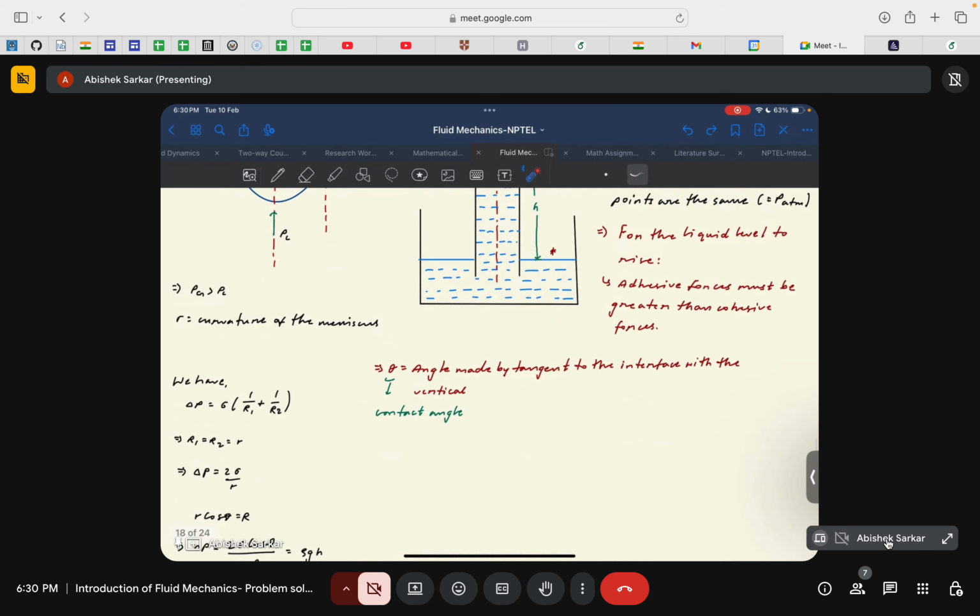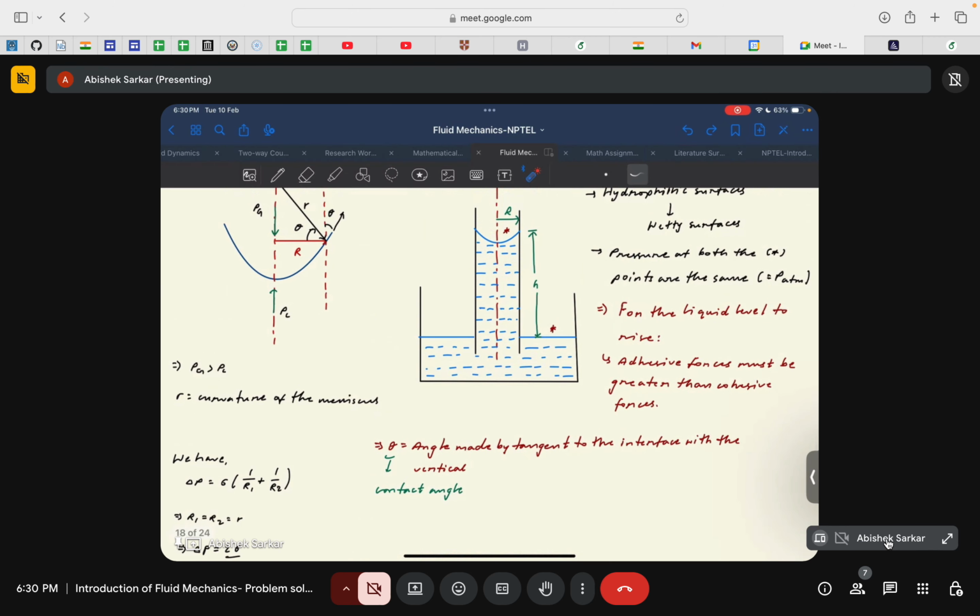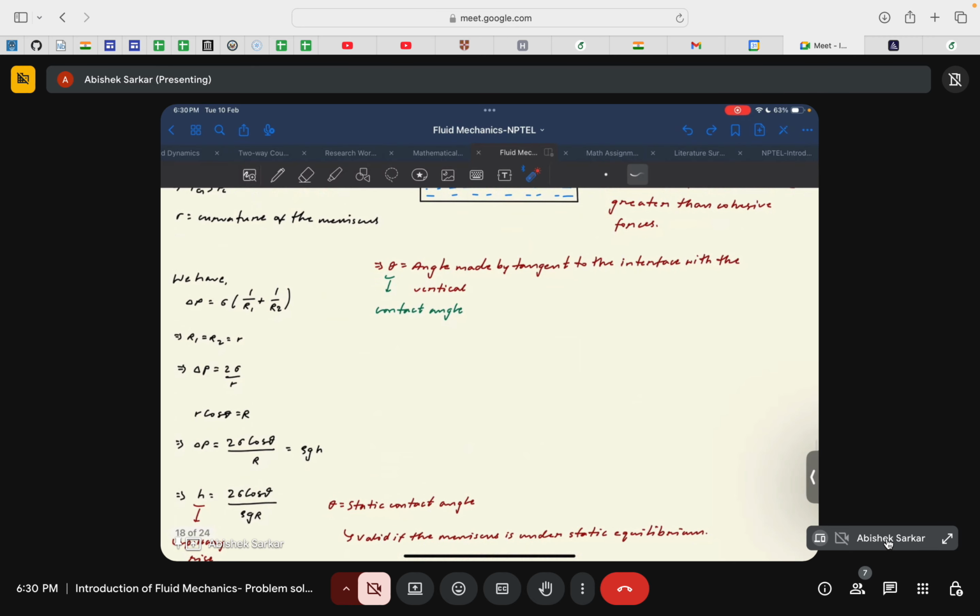Then we see that r cos theta in this case will give you capital R. So we can write r as capital R by cos theta.